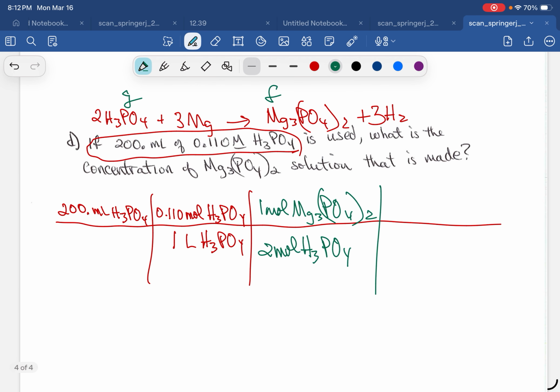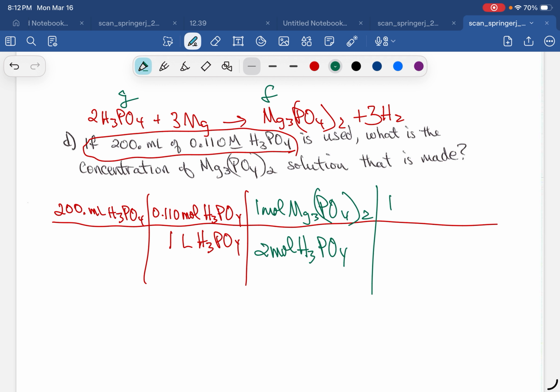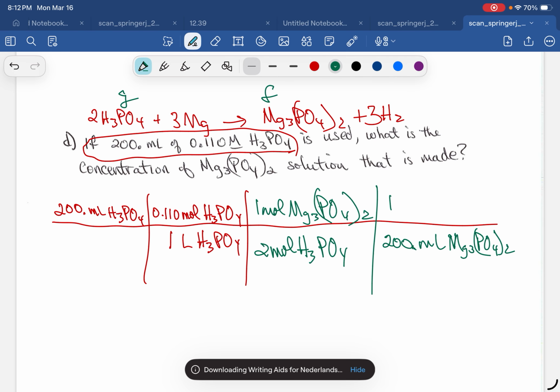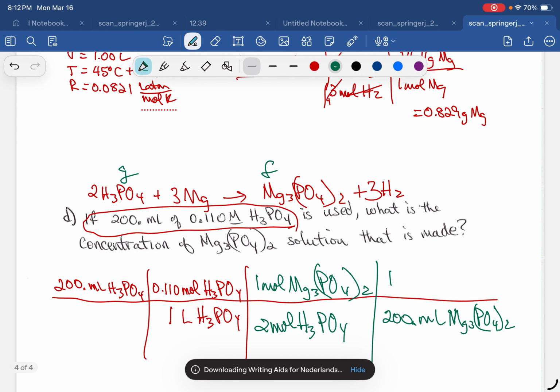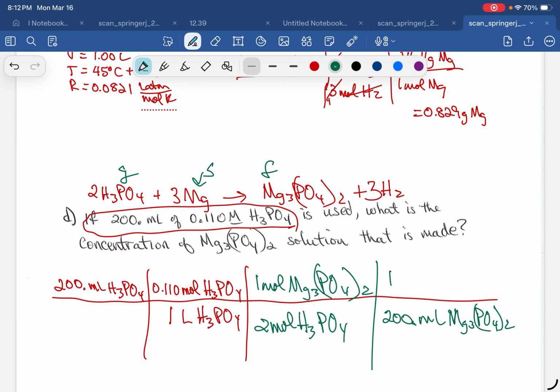Oh, 1 over 200 milliliters Mg3(PO4)2. How do I know it's 200 milliliters? Because we didn't add any water. The Mg here is solid, so whatever volume of the H3PO4 we have will be the same volume for the Mg3(PO4)2, which works out nice in this problem because we can just cancel the 200s.